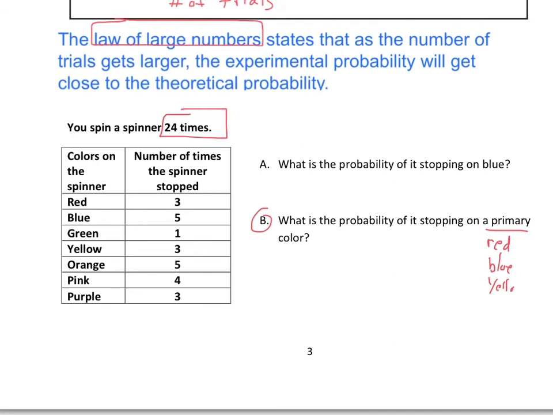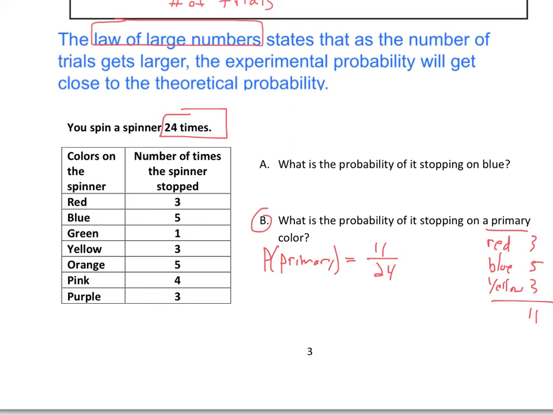So if we look at those values, red was 3, blue was 5, and yellow happened 3 times for a grand total of 11. And we did the experiment 24 times, so the probability of primary is given by 11 out of 24.